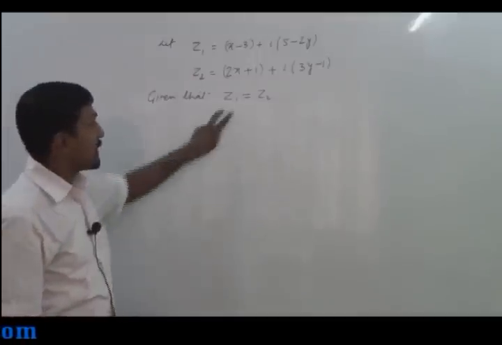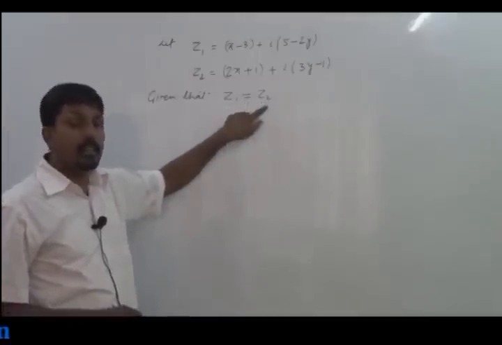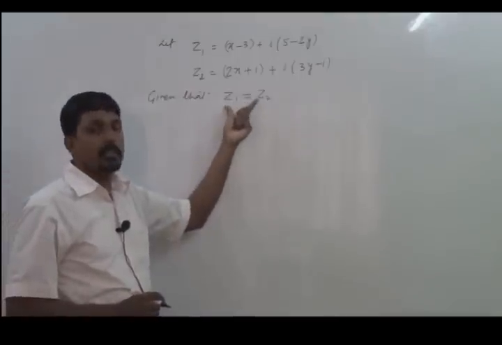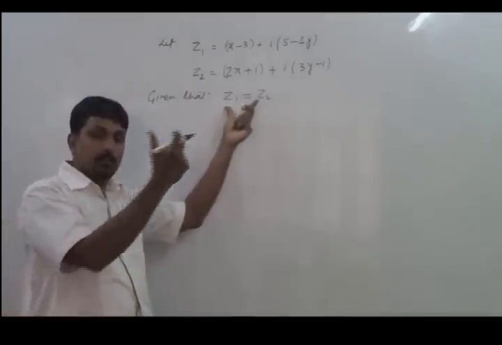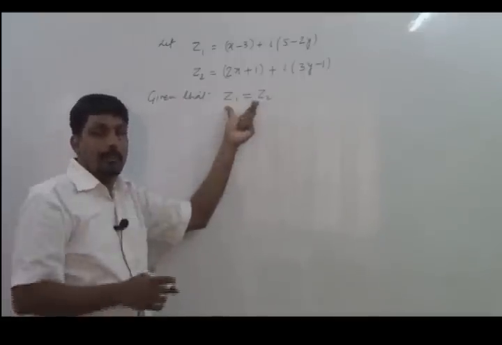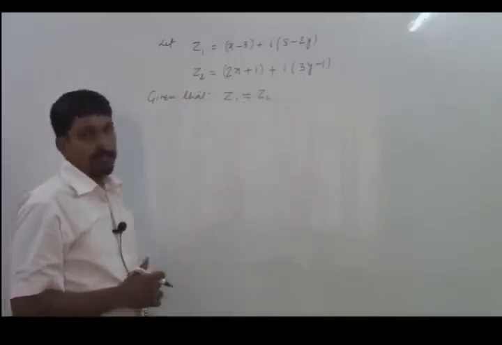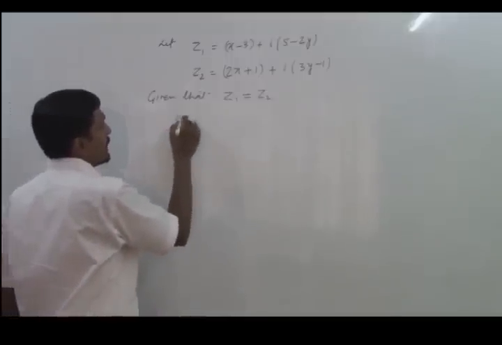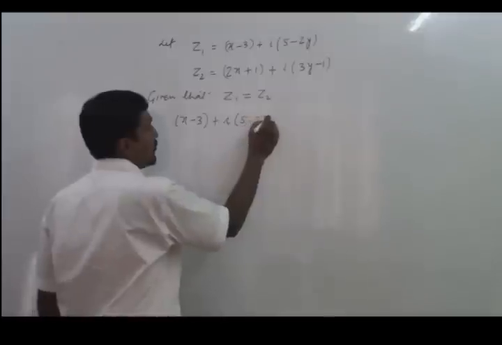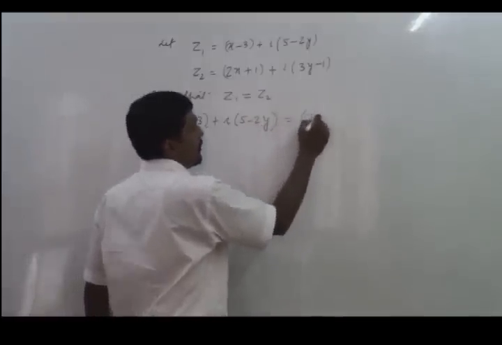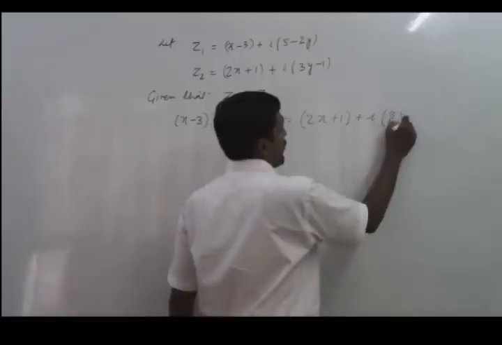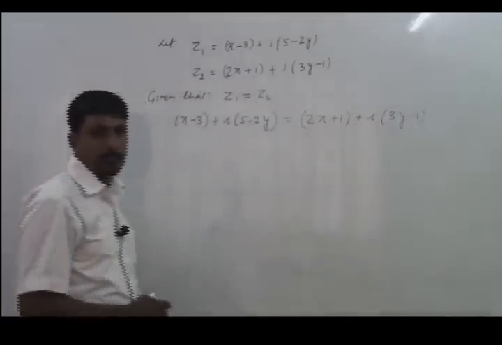If two complex numbers are equal, then their corresponding parts are equal. That means the real part of the first will be equal to the real part of the second, and the imaginary part of the first will be equal to the imaginary part of the second. So here x minus 3 plus iota (5 minus 2y) equals 2x plus 1 plus iota (3y minus 1).